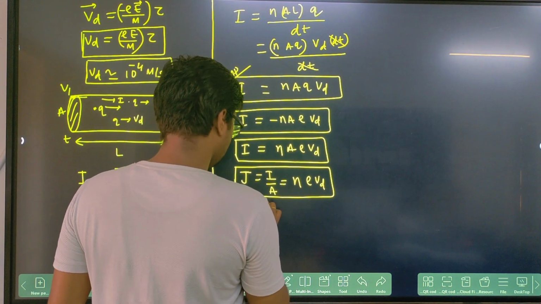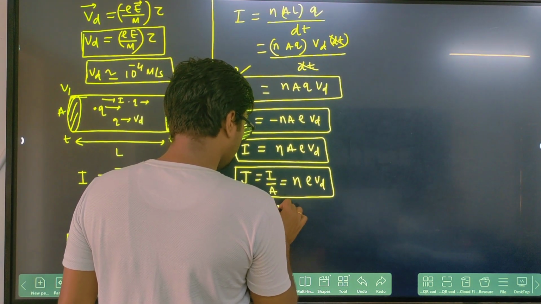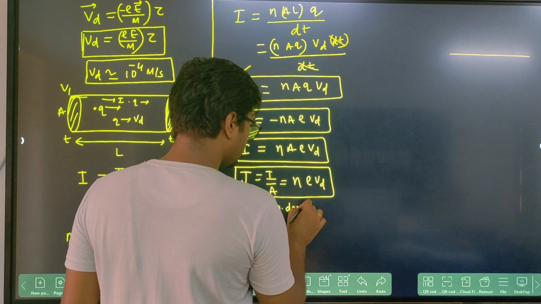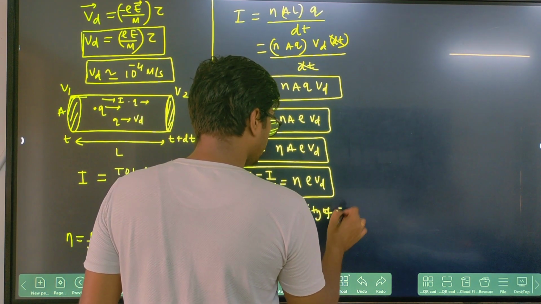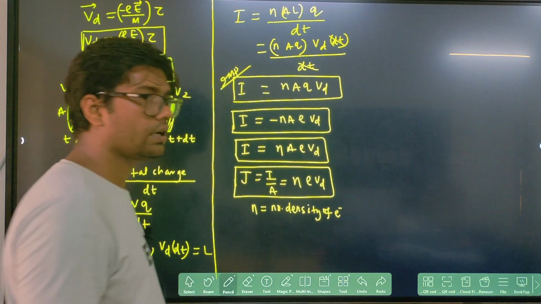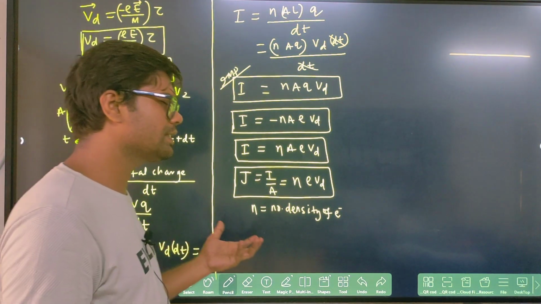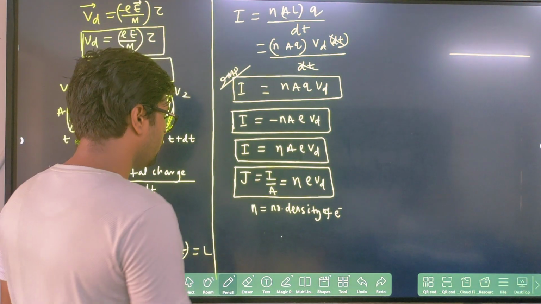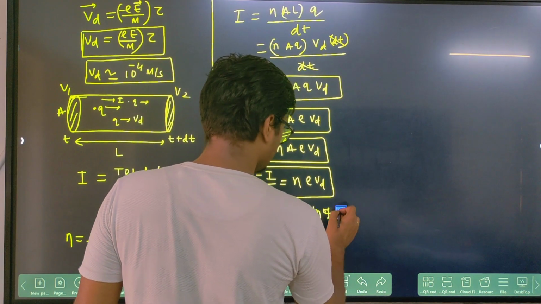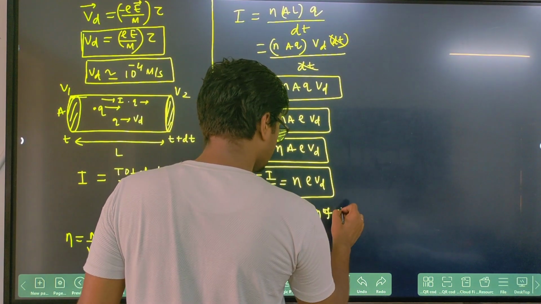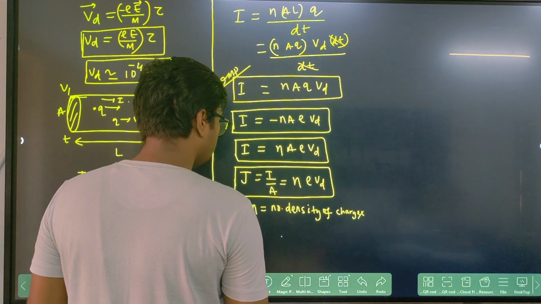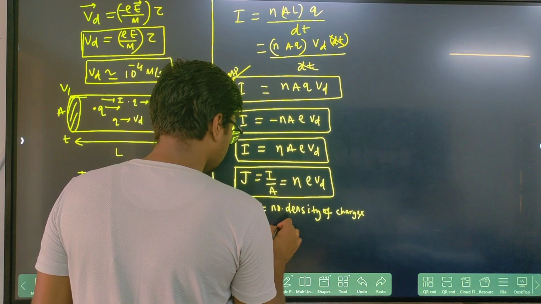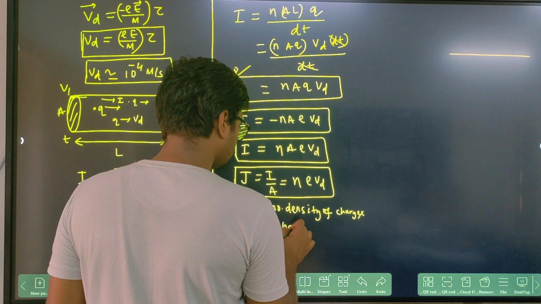So here n equals what? Number density of electrons, or number density of charges in a general way. What is e? e is the charge.